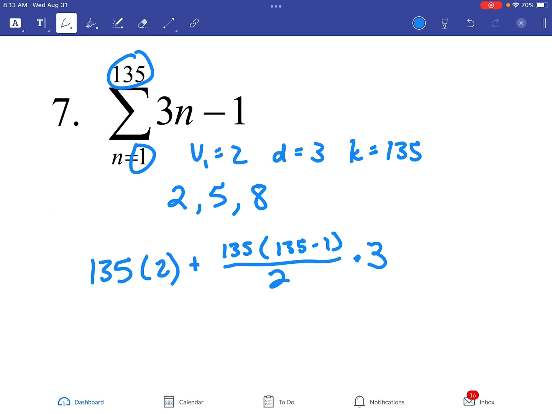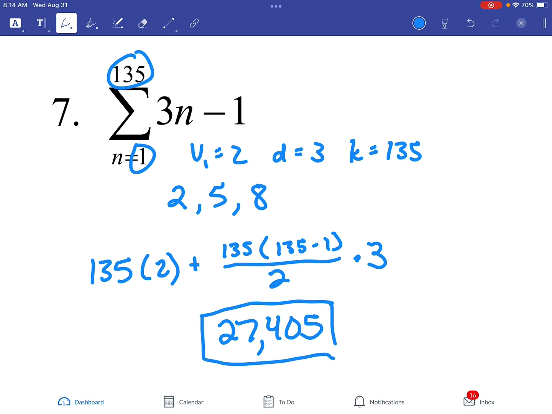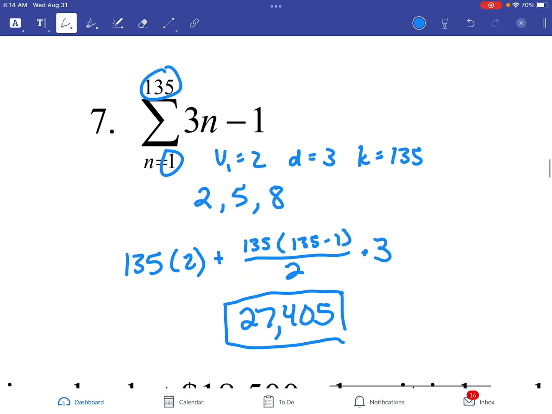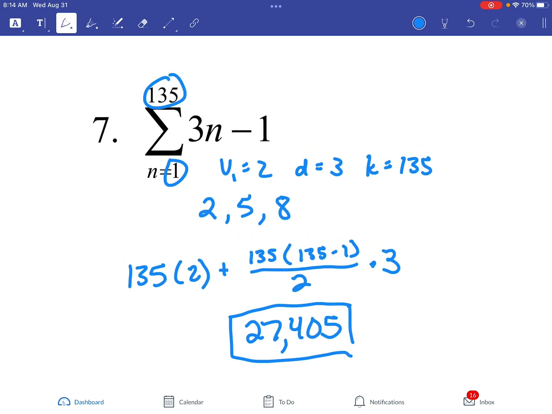So 135 times 134 divided by 2 times 3 plus 2 times 135 gives me 27405. Now, using the formula was much better than trying to find 135 terms and adding them all up. So please keep that in mind when you see these types of problems and they have a very large k value.